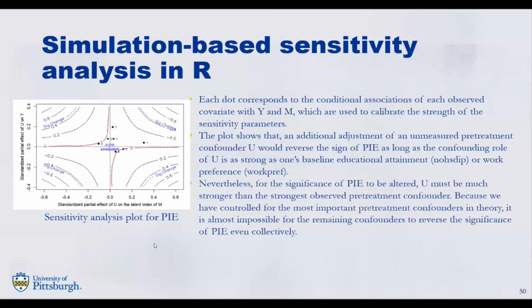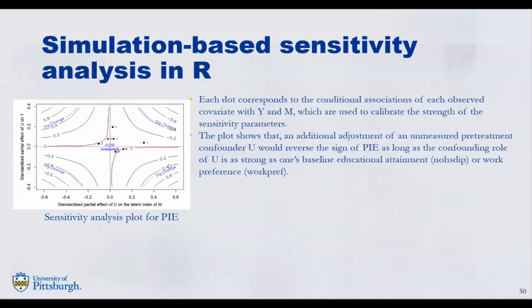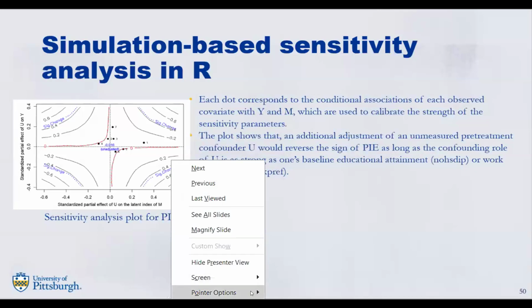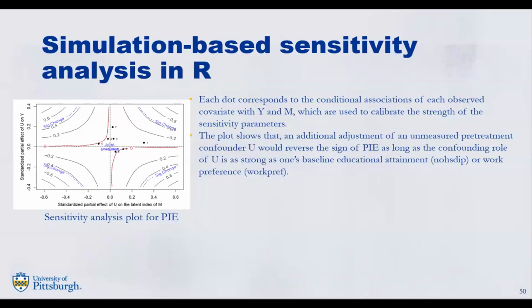And from this plot, you can clearly see, I'm going to circle the corresponding dots here. This is dot 5 and this is dot 4. These are respectively one's baseline educational attainment and work preference.